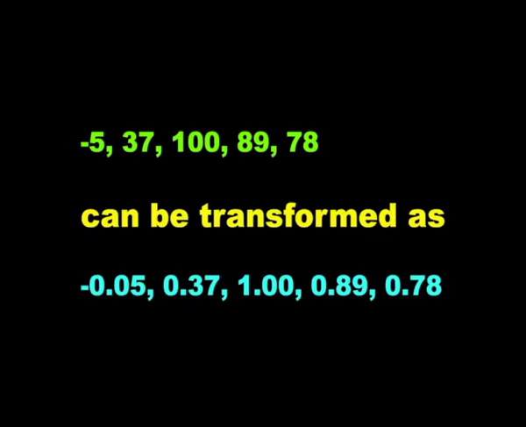Data transformation normally involves normalization, aggregation, generalization, etc. For example, a data set available as -5, 37, 100, 89 and 78, where we find 5 values, can be transformed as -0.05, 0.37, 1.00, 0.89 and 0.78 so that all the 5 values lie within 1. Here the data becomes more suitable for data mining. After data integration, the available data is ready for data mining.